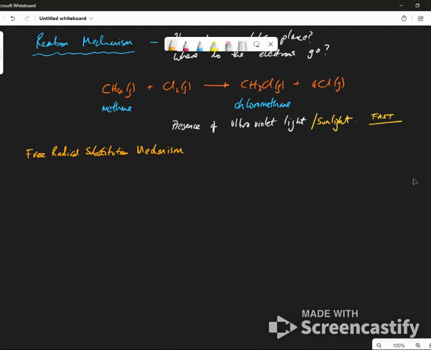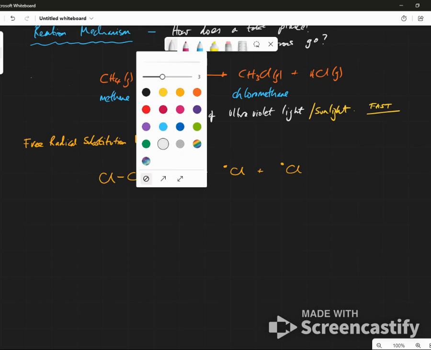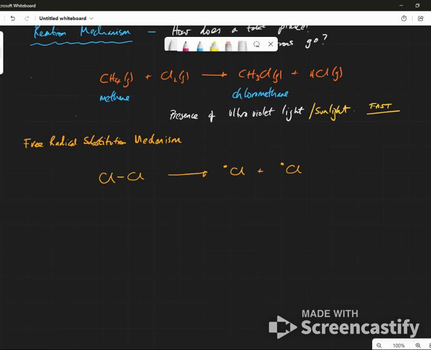Now, this is enjoyable. I think this is fun. I think you'll enjoy it. The first thing that happens is a chlorine molecule, Cl2, splits up into a chlorine free radical and another chlorine free radical. That's the first thing that happens. So now I've got to use my curly arrow, and one of these electrons goes onto this chlorine, and one electron goes onto this.